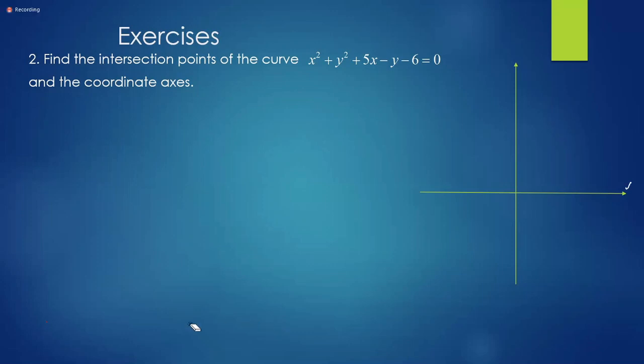Let's remember, on the x-axis, the coordinates of all points on the x-axis, y is 0. So let us put y equals 0 in this equation, and we will have x squared plus 5x minus 6 is 0. And so we have 2 x values.